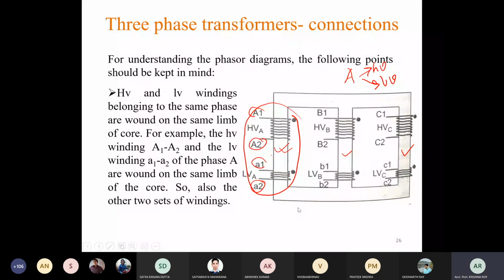See, this is the dotted terminal. If we assume this is the positive terminal, then this a1 will be positive. Same is for the other windings. So here if we assume capital A1 as positive, then small a1 will also be considered positive.